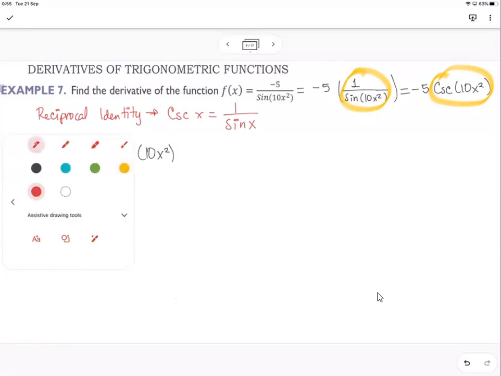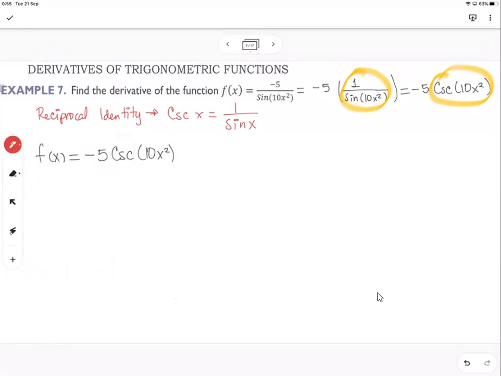So once you use identities, now you can start with the procedure of derivative. The derivative of cosecant of u is negative u prime cosecant of u cotangent of u.